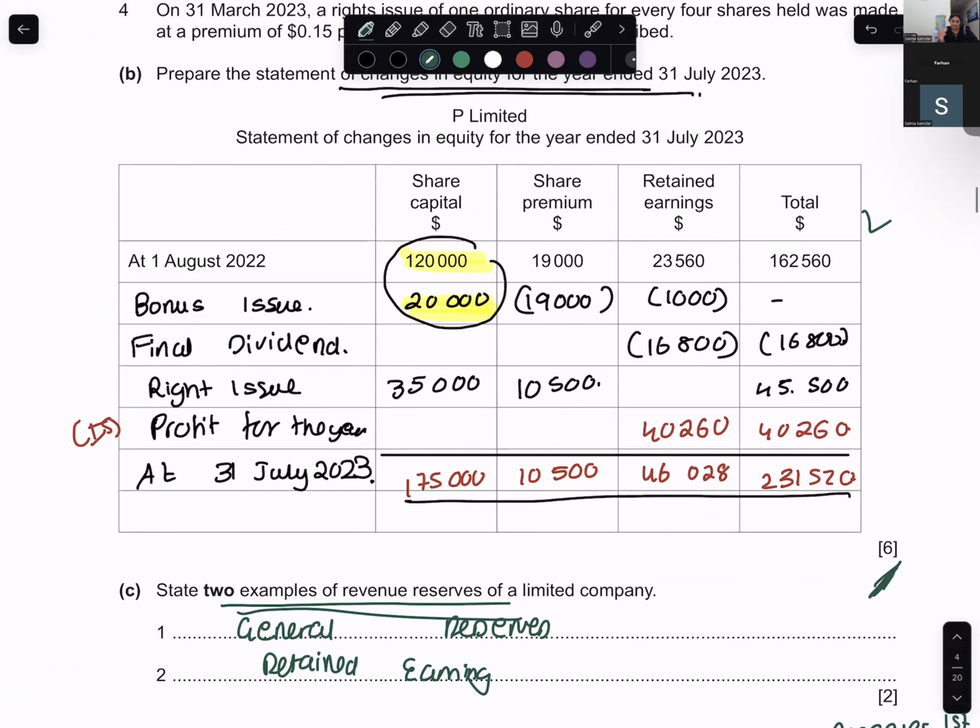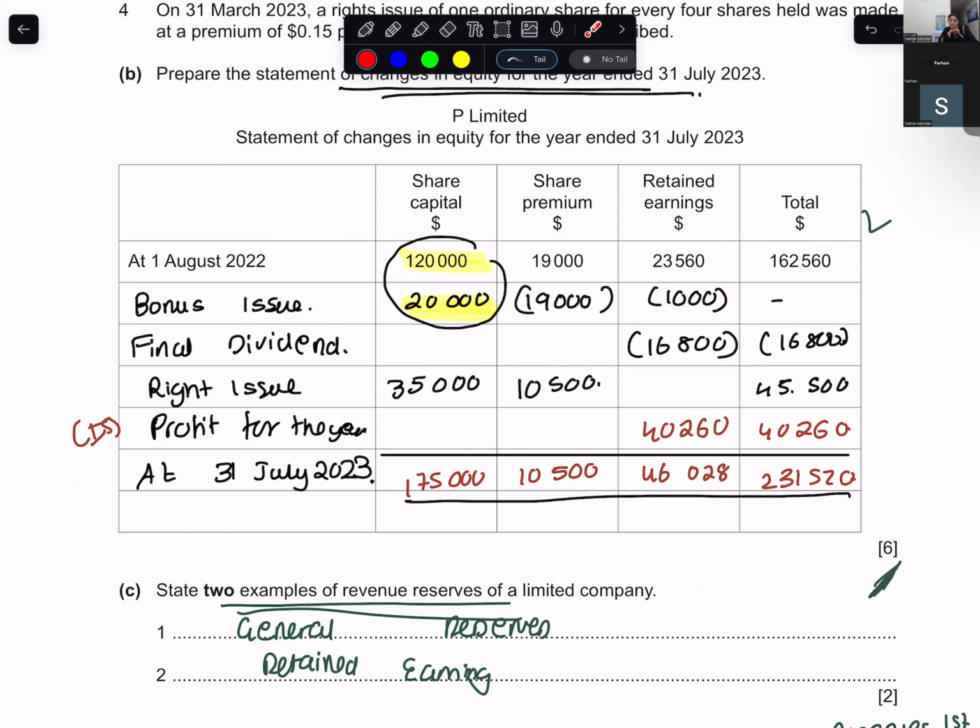So when they did the bonus issue, they used the full share premium and a bit of their additional retained earnings. Were they correct to make a bonus issue rather than a new issue? So the advantages and disadvantages.